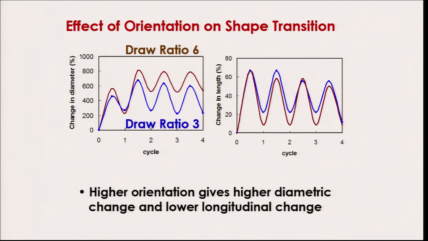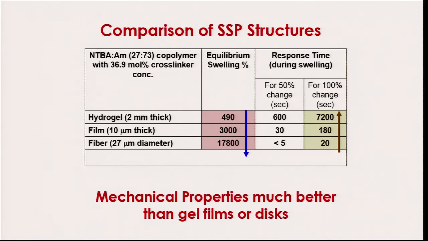If I have lower draw ratio, the extent of swelling will be lower. So, that means the morphology can also be tuned depending upon what kind of shape changing behavior is expected for any particular end application.